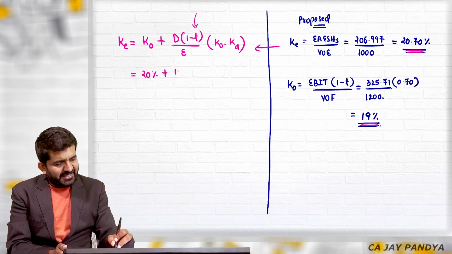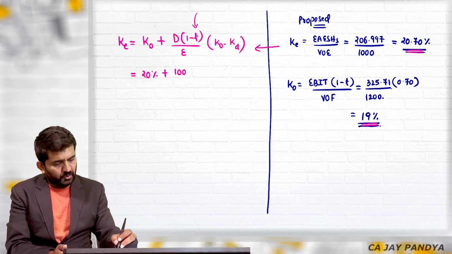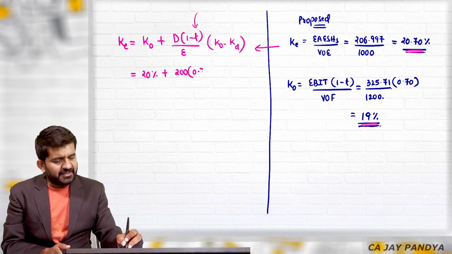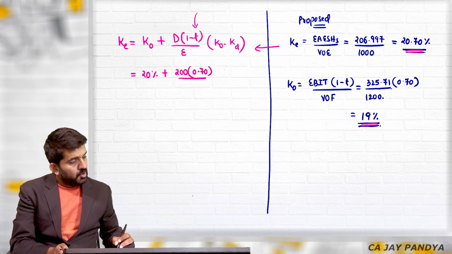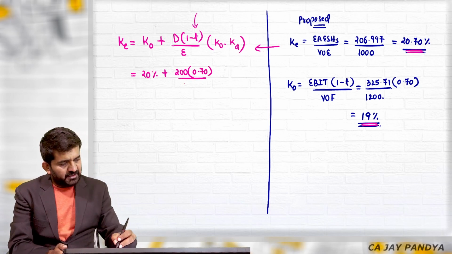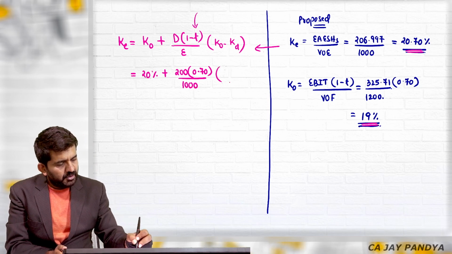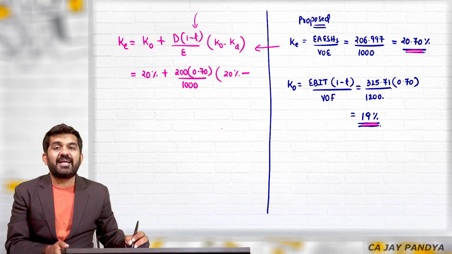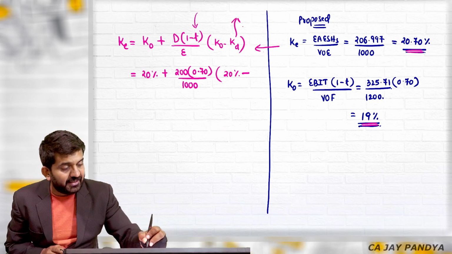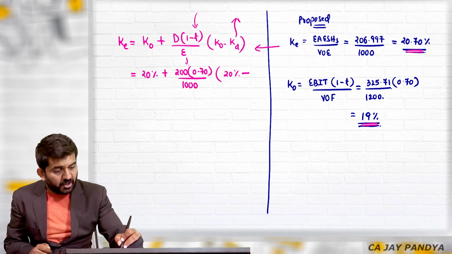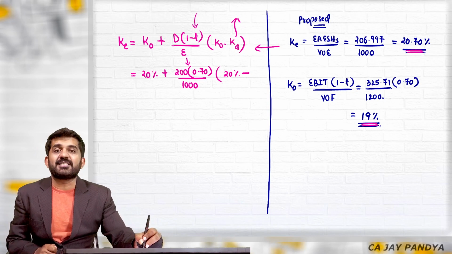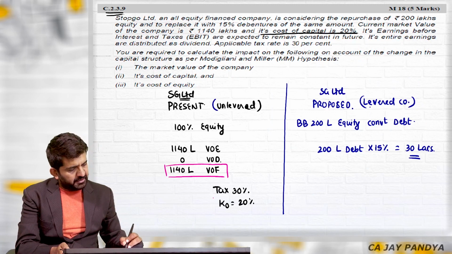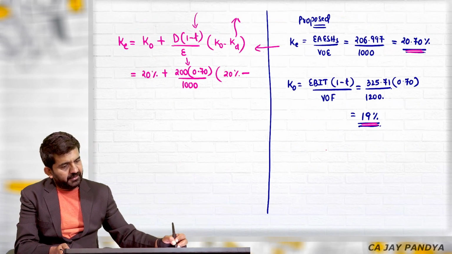Plus, what is debt in our case? 100? No, 200. 1 minus T is 70%. What is the value of equity? 1000. KO 20% minus KD. Now don't take this KD after tax. We have already done this after tax. So this KD should be before tax. And what is before tax? Rate of interest, and it is 15%.